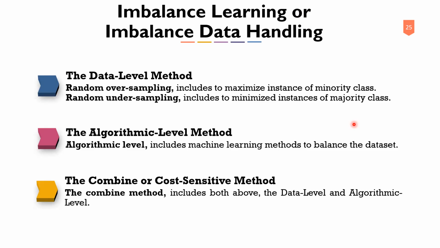Or we can say 90% of the instances belong to one class and 10% belong to the other class. In other words, the majority of the instances belong to one class and the minority of the instances belong to the other class.